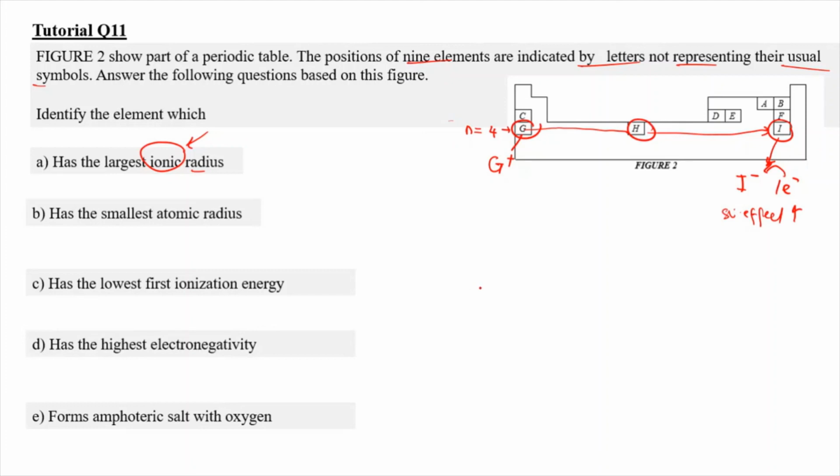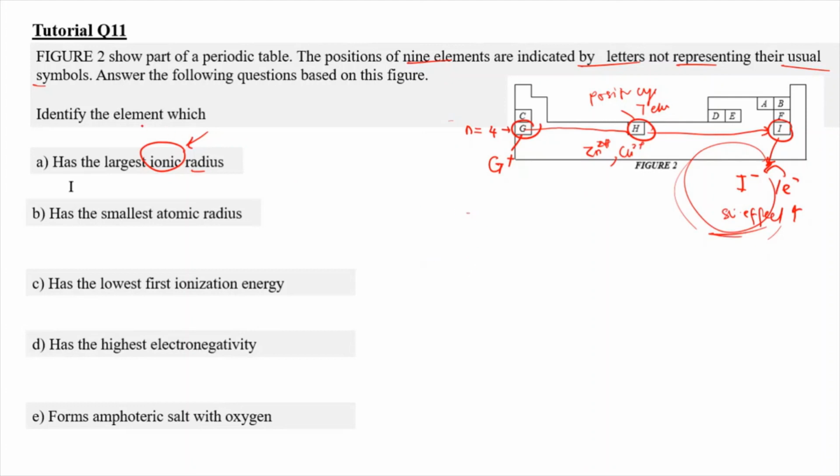As a result, I minus appears larger than the corresponding G and H, because H usually has a positive charge for a transition element, for example zinc 2 plus, or maybe you can say copper 2 plus. So it's usually a cation, but anions will usually be larger than the neutral atom or the cation. For that reason, the answer is going to be I minus.